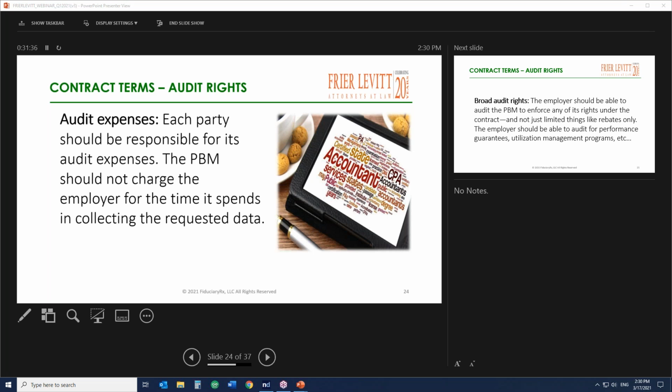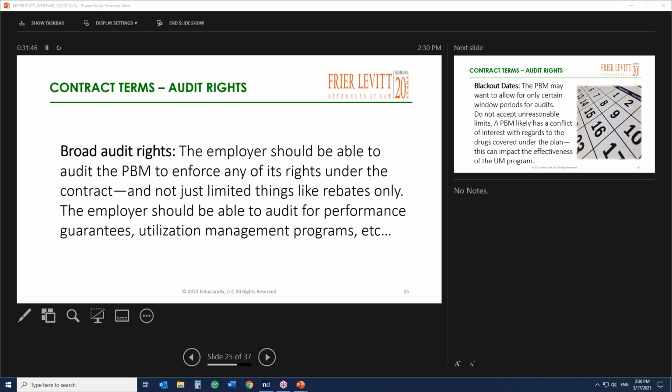So in other words, PBMs can double dip by charging audit fees to the plan sponsor as well as to the pharmacy when it comes to pharmacy audits. So again, audit rights and the plan sponsor's right to have certain documents should be formalized as part of the contract.